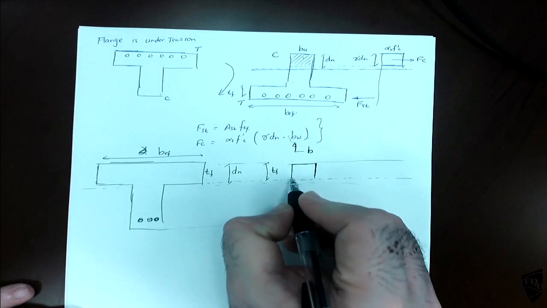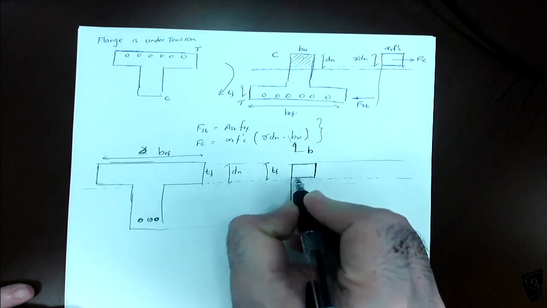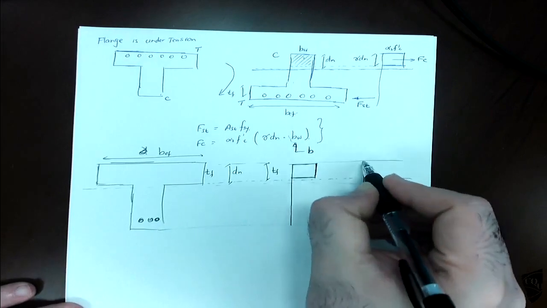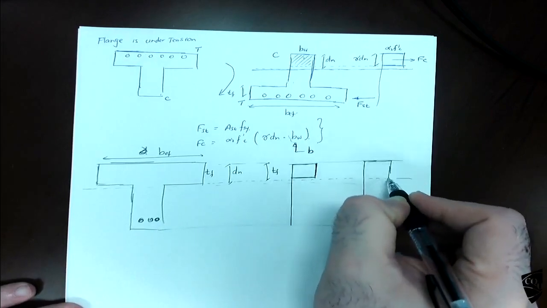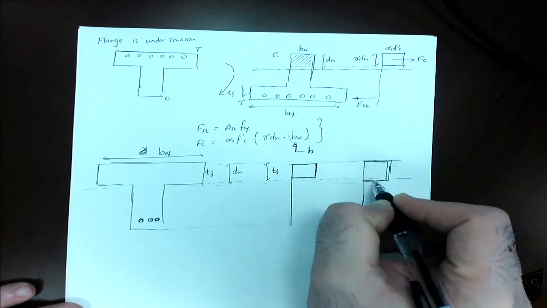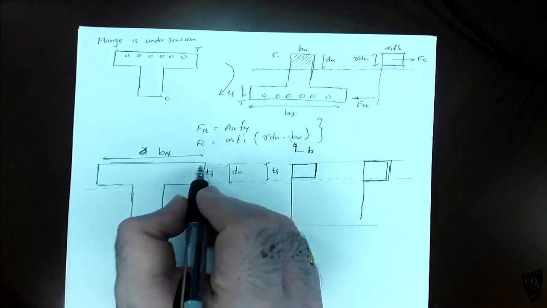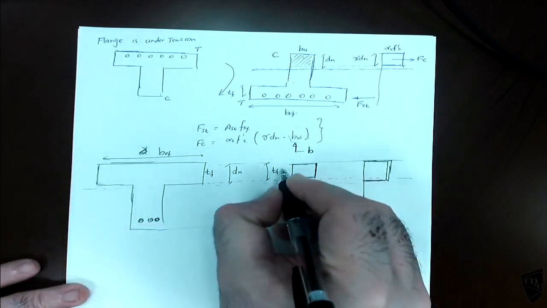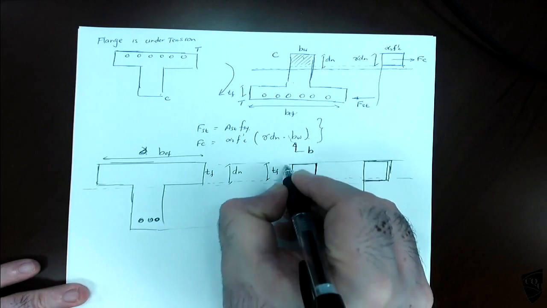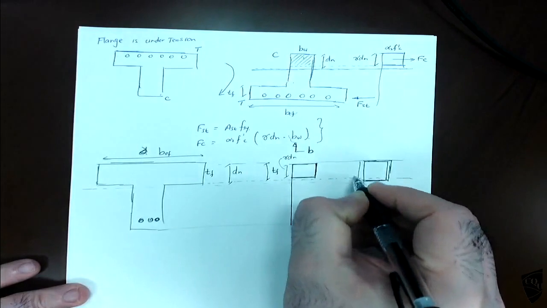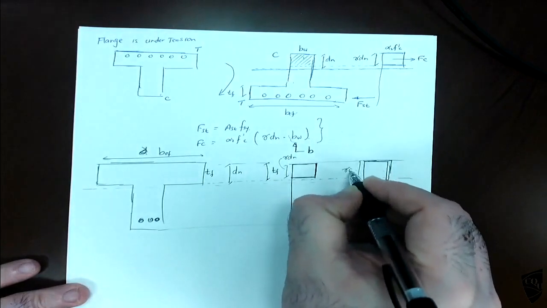So the question is whether the approximate rectangle comes below the tf or above the tf. It can be above the tf or it can be below the tf. That means this depth of the rectangular section, this is gamma dn.